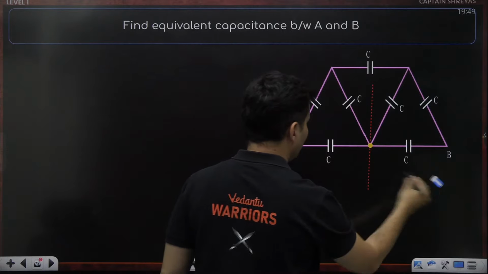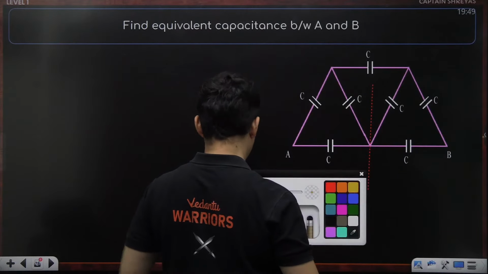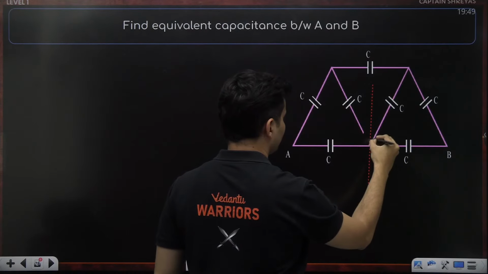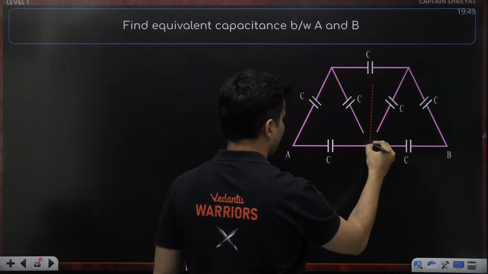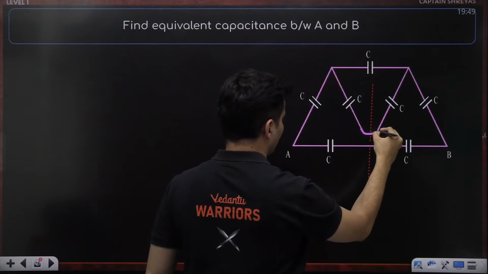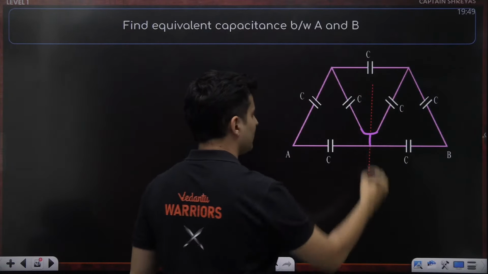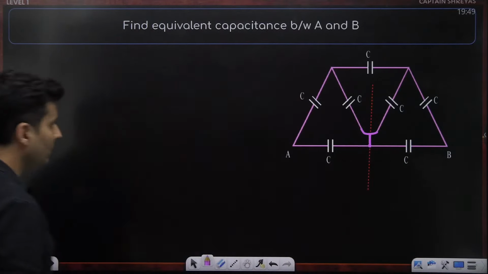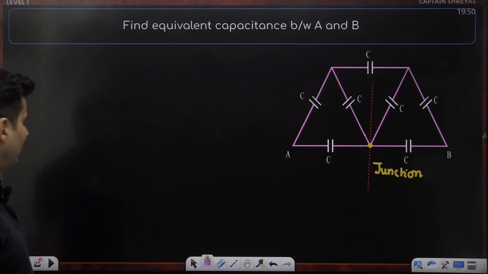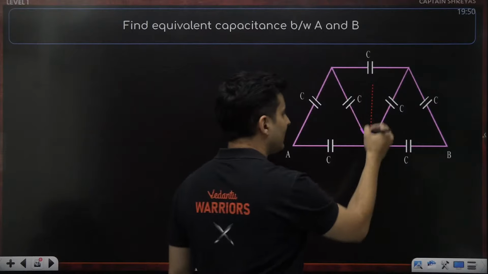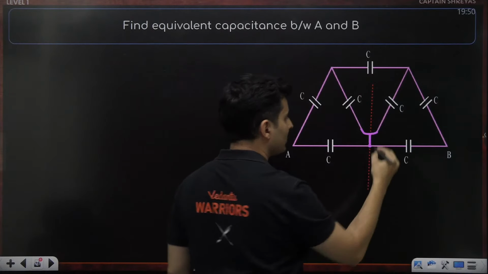So here is what I will do. I will just redraw it like this. I've stretched it now. I've elongated that junction. So first I identified there is a line of symmetry and there is a junction. I stretch it. And once I stretch it, I see that this part is on that line of symmetry.